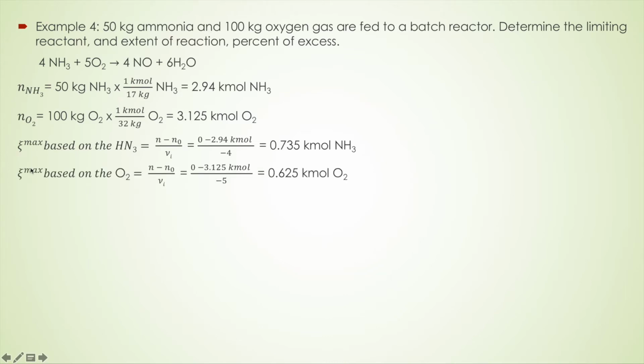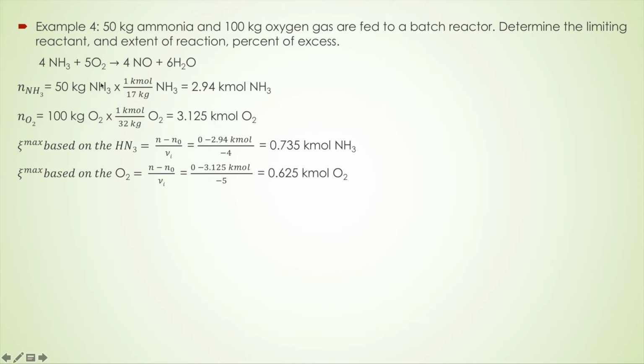And do the same thing for oxygen. Let's assume the same thing, oxygen goes to completion, so there's no oxygen coming out of the output stream. Then the output mole number for oxygen is 0 minus 3.125 kilomole in the fresh feed of oxygen.